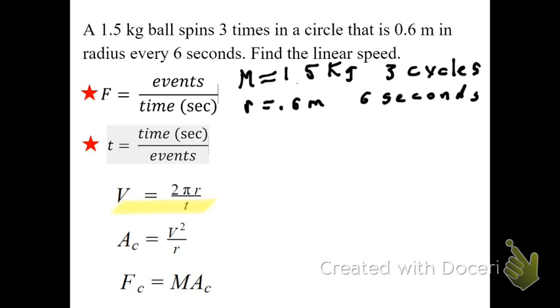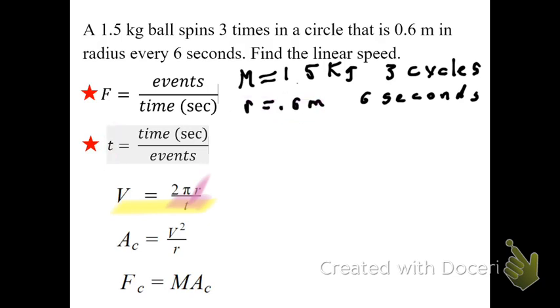So we need our period and we need our radius. So we already have our radius. Our radius is here, but we're gonna have to find our period, and that's this here.